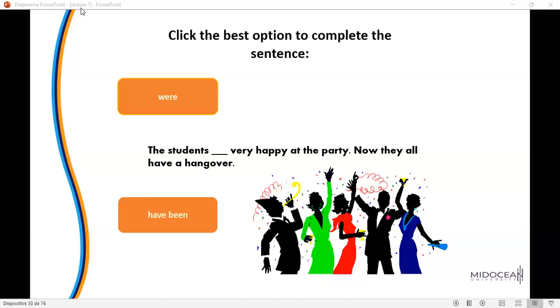Les autres? Donc, le temps vient de terminer.